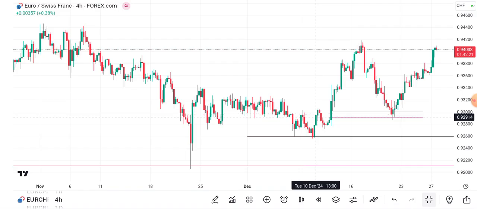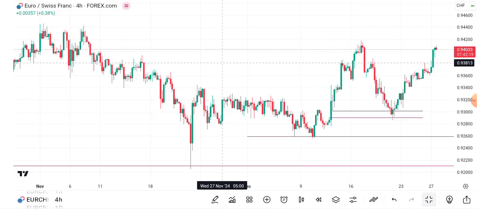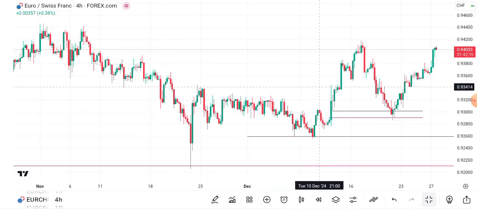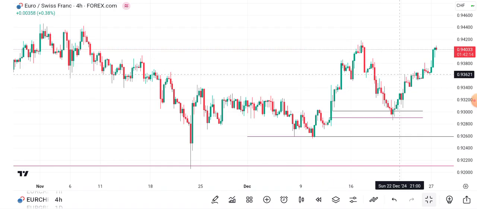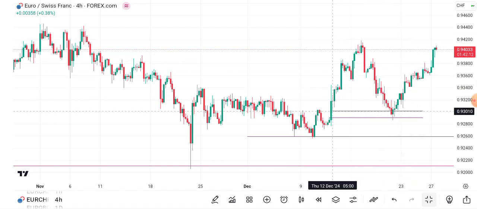But then after this break of market structure that took a whole lot of liquidity here, we can see that market in fact retraced into a 4-hour fair value gap. That's very, very important.